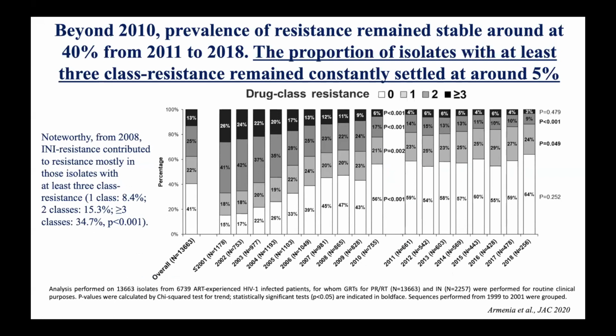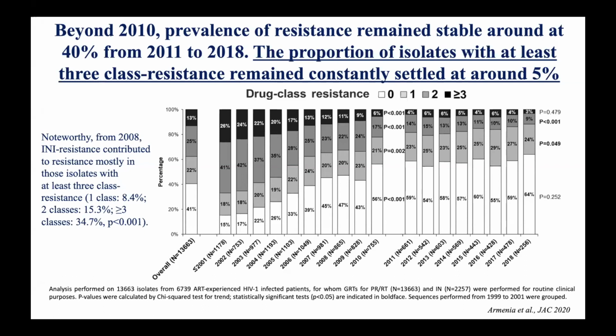You can see the white bar, which is failing without resistance, increasing from 15 to 40%. But after this it is stable now around 60%. And so we have around 40% still, from 2010, that have persistence of resistance, and some patients, you see, around 5% with at least triple class resistance.